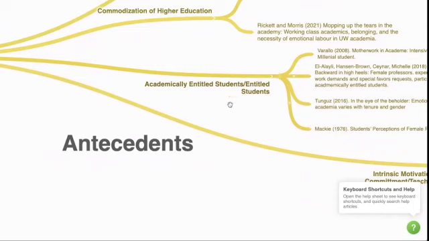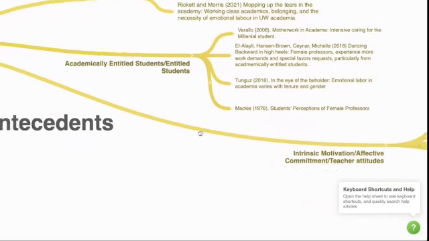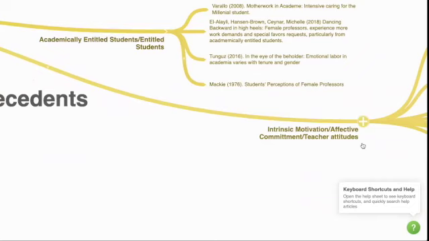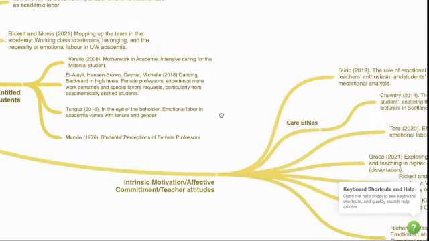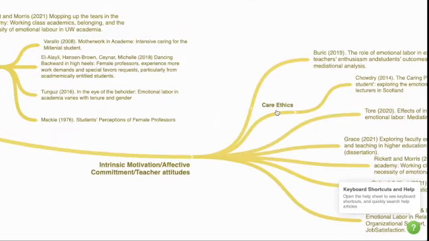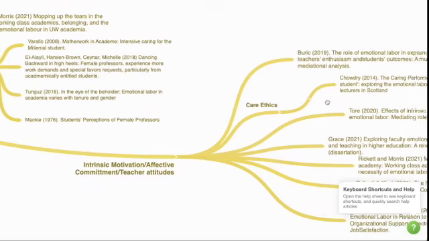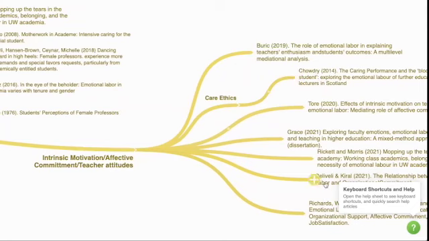And again, here's the references that I've already pulled to talk about this reason why instructors are expected to perform these types of tasks. And another one might be intrinsic motivation or the effective commitment or teacher attitudes that might be impacting this. And along with that is another sub-idea called care ethics. So this belongs within this concept. And again, connecting those to the references that I'll be using.